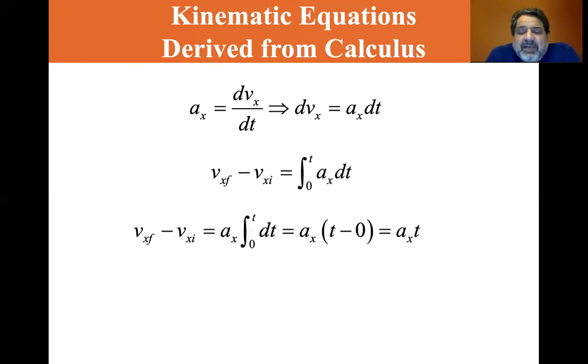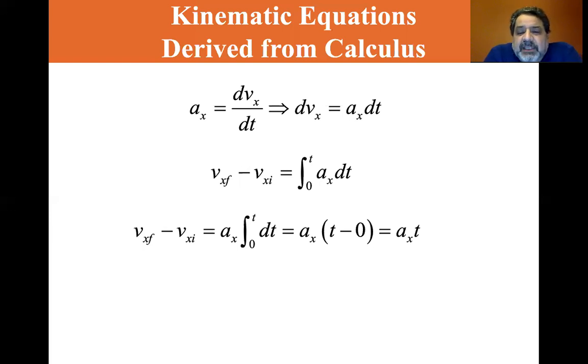Well, if the acceleration is constant, as we've been talking about in this particular chapter, you can pull the acceleration out in front of the integral sign. So Vx final minus Vx initial is equal to the acceleration in the x direction times the integral evaluated from 0 to t of dt, which is just t.